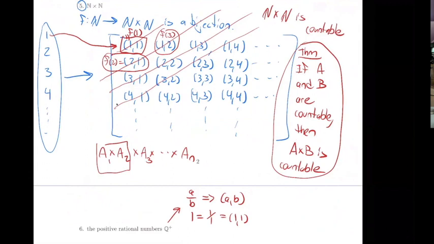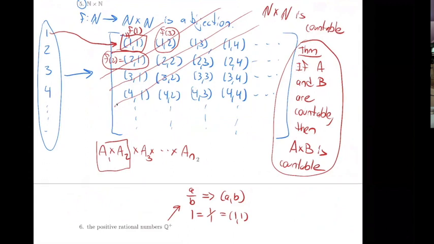Yeah, like we have this notion of reducing fractions, right? So in some sense, if I'm thinking about these ordered pairs as rational numbers by taking the first one, dividing by the second one, then 1, 1, and 2, 2, and 3, 3, and 4, 4, they're all the same number, right?